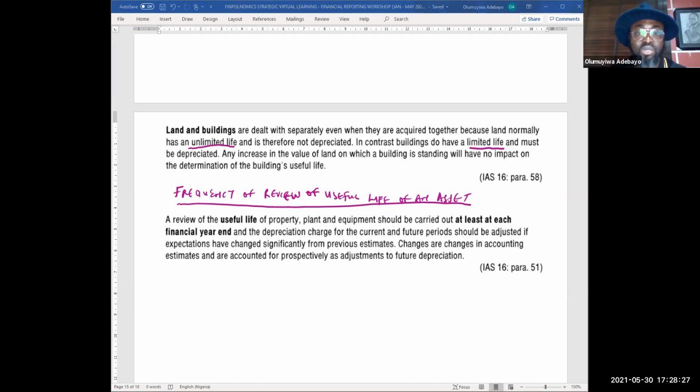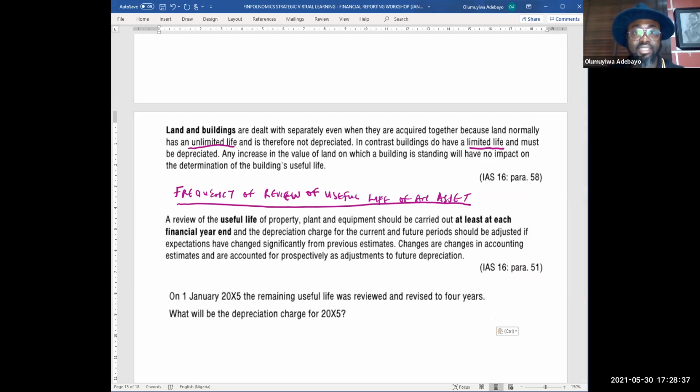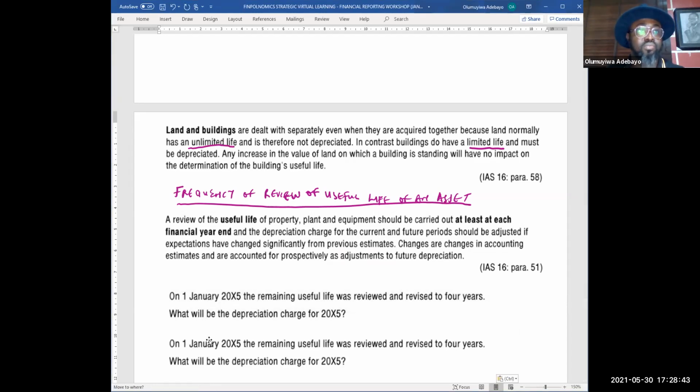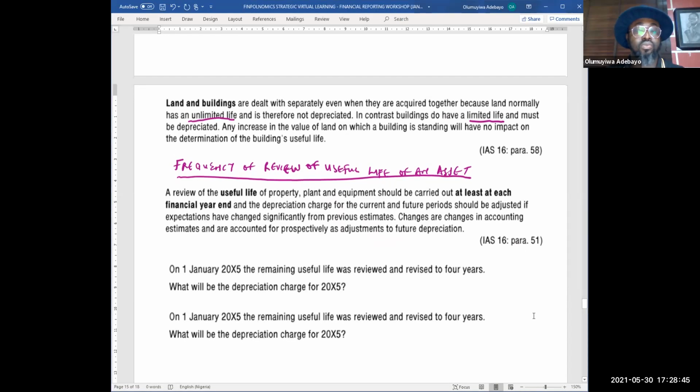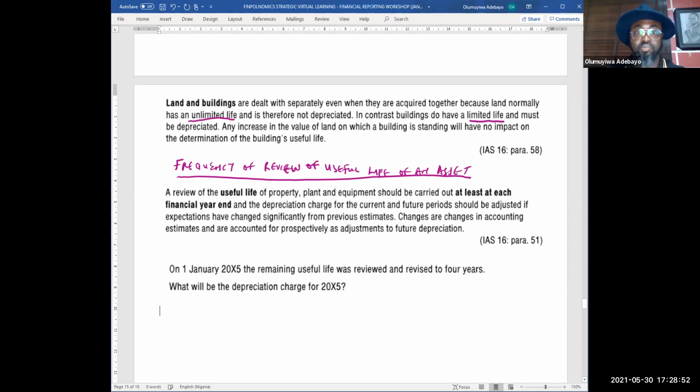Now I'll give you a question that will explain further where we have changes that make us review the useful life of an asset. Can somebody read this and let's approach it? Okay.